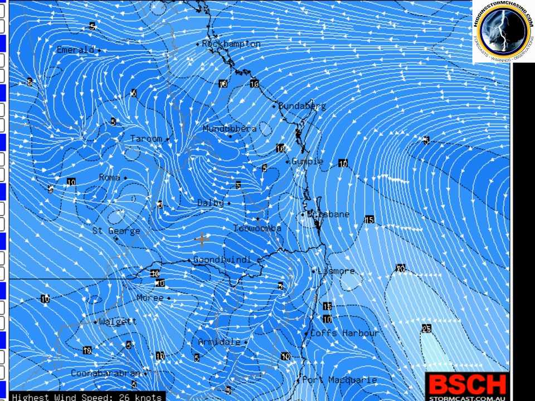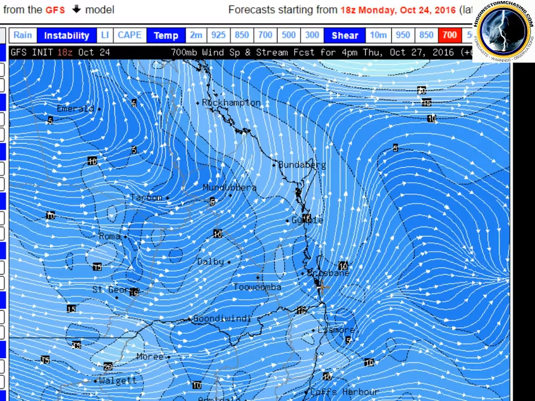Now we do have also a surface trough extending through just along the inland regions there, away just from the coast, probably down the ranges, and you can see the low level winds coming in, sea breeze fronts or northeast feed coming in there, putting plenty of moisture into the region, and then you can also see the expected storm steering winds here as well.